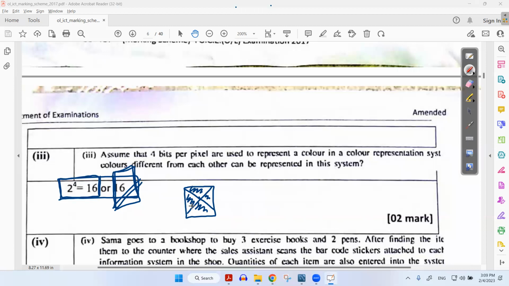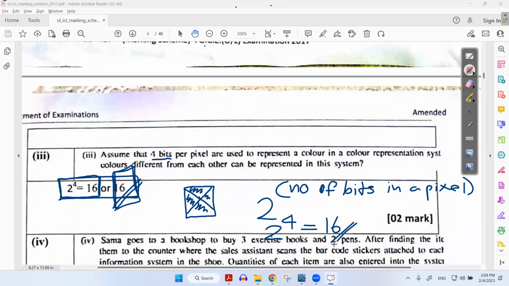Let's say these are 4 bits. So they are asking how many colors it can show. So colors can be taken as 2 to the power of the number of bits in a pixel, right? Here it says 4 bits. So the answer is going to be 2 to the power 4, which equals 16. Is that clear? That's it.